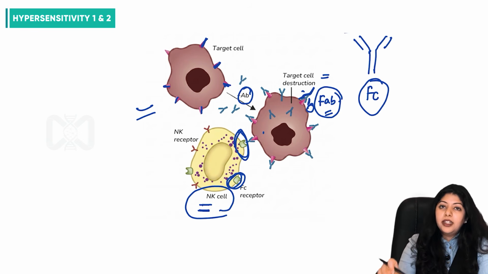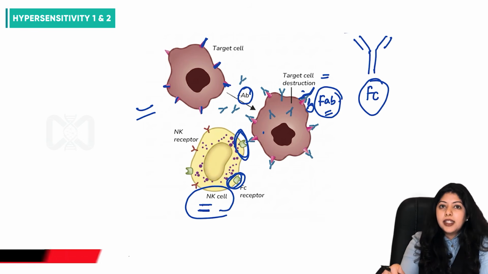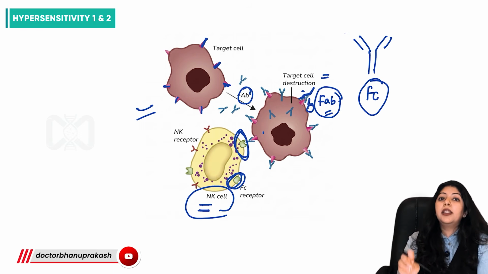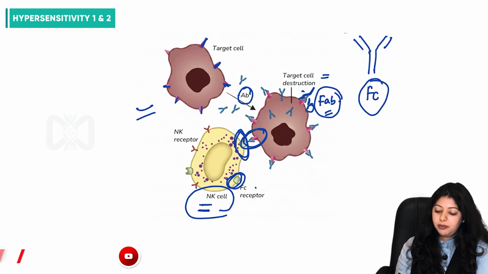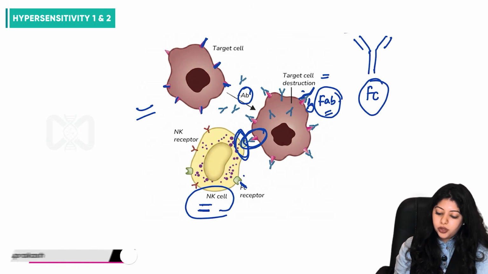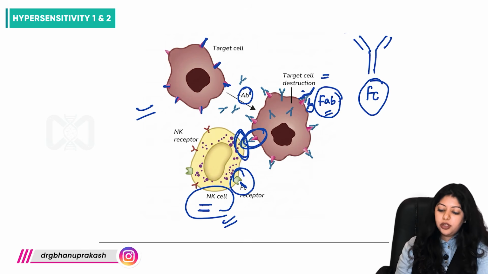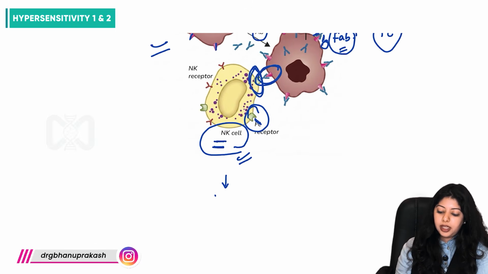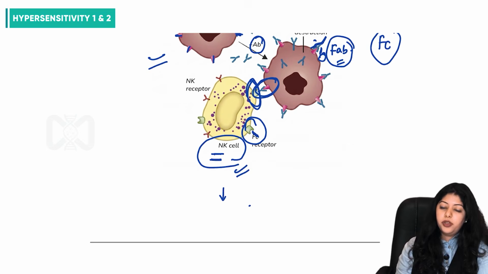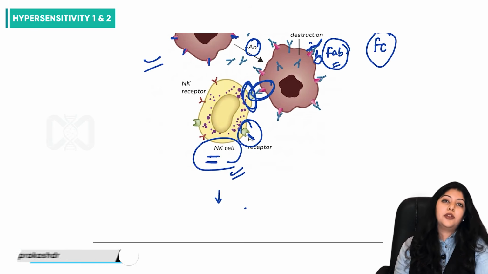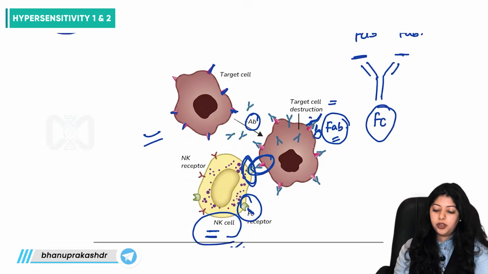Now the target cell which has the antigen, coated by the antibodies with the help of FAB portions, this whole complex will be interacting with the FC receptors on the NK cells, which is further going to lead to cytolysis. This is the second mechanism, which is known as antibody dependent cellular cytotoxicity, right?